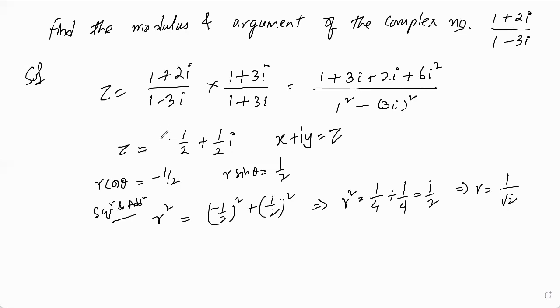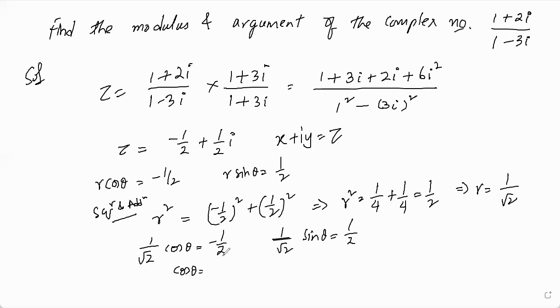So 1 by root 2 cos theta is equal to minus 1 by 2, and 1 by root 2 sin theta is equal to 1 by 2.